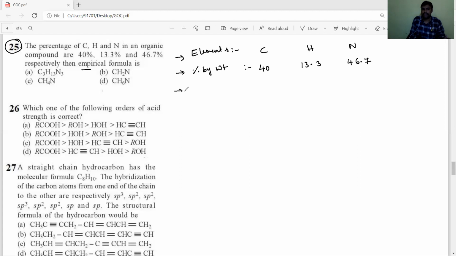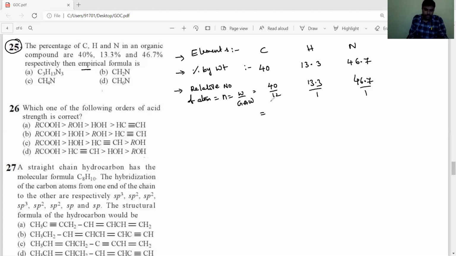Next, we have to find the relative number of atoms. The relative number of atoms is equal to moles, which is weight divided by gram atomic weight. The weight is nothing but the percentage. So 40 by 12, 13.3 by 1, and 46.7 by 14. Sorry, the atomic weight of nitrogen is 14, dear students.